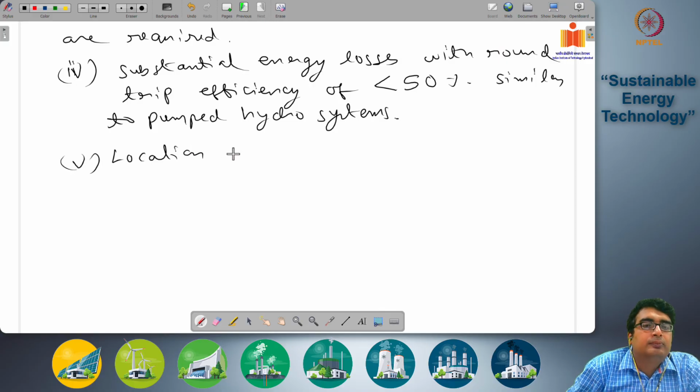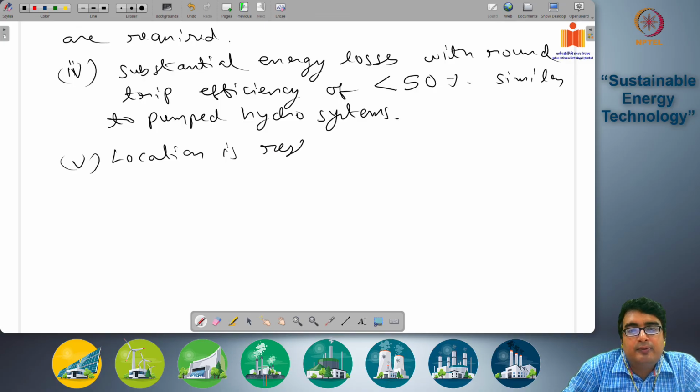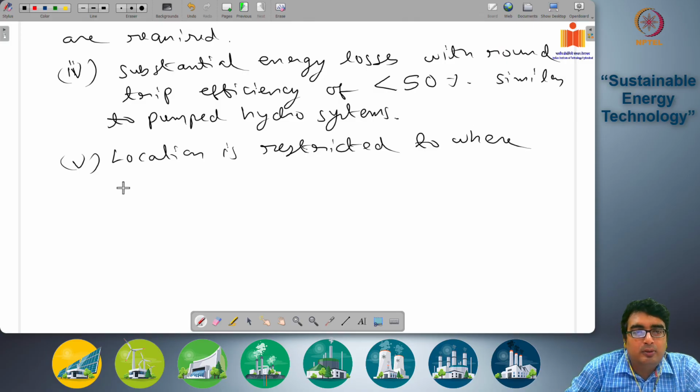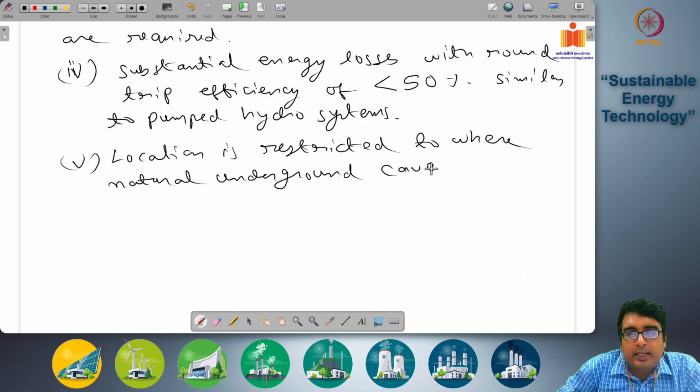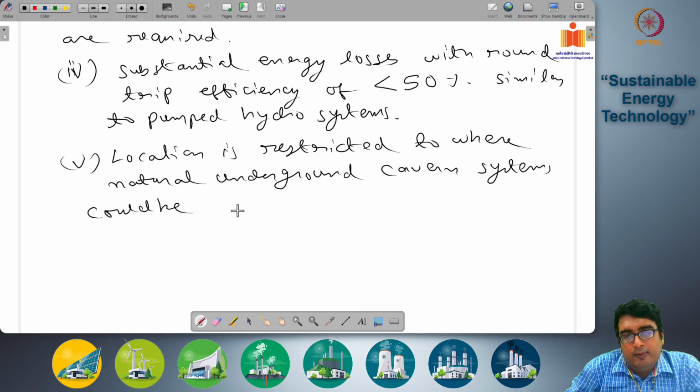Location is restricted to where natural underground cavern systems could be found.